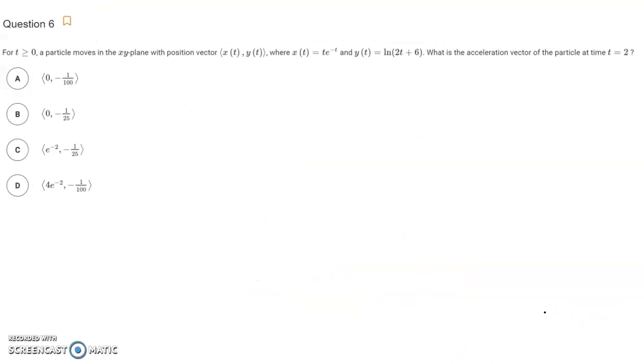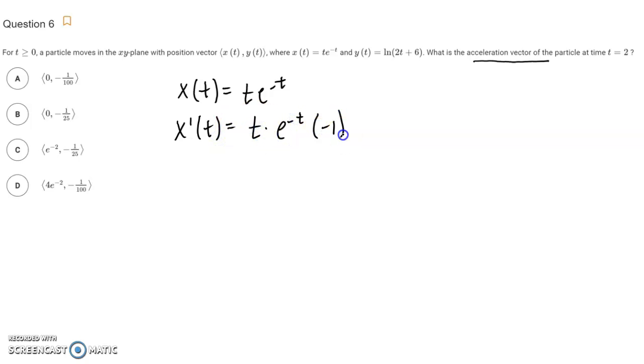All right, number 6, a particle moves such that the position vector is given. What is the acceleration vector of the particle at time t is equal to 2? All right, acceleration is the second derivative of position. So if my position function is given, for its first derivative, I need my product rule: first times the derivative of the second, plus second times the derivative of the first.